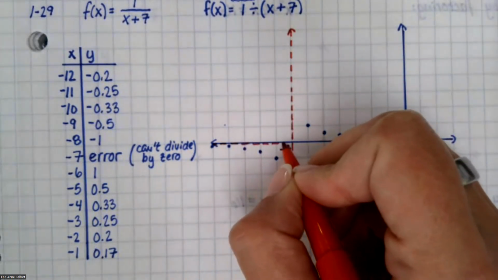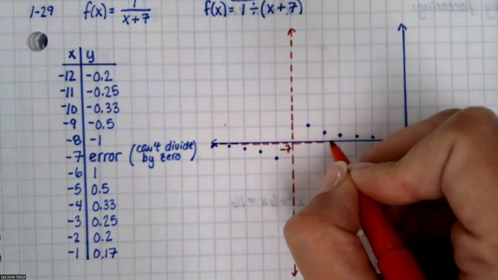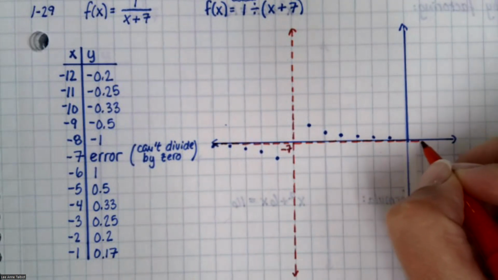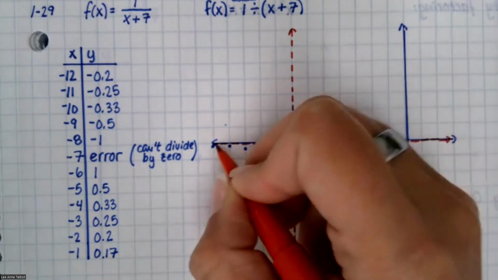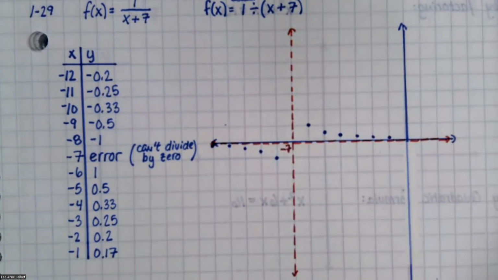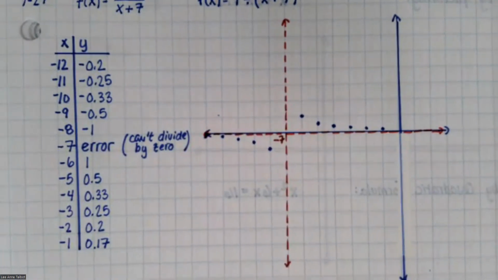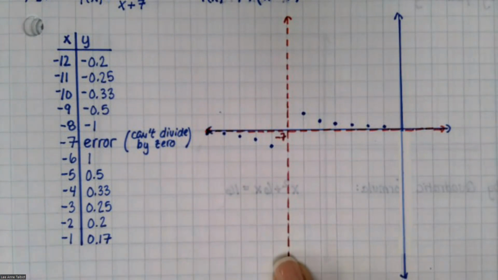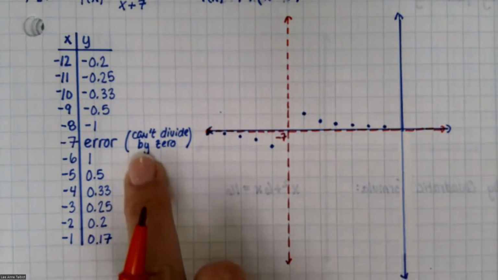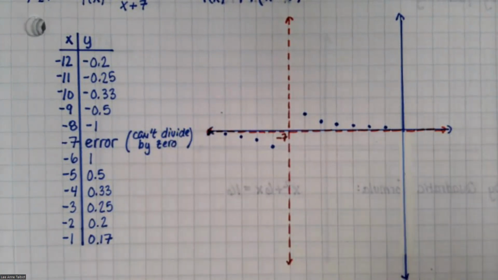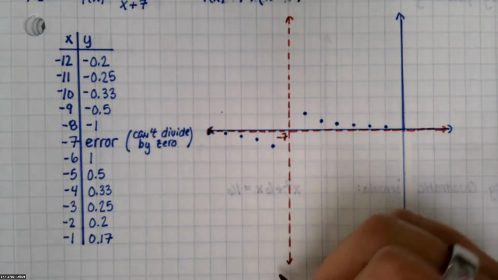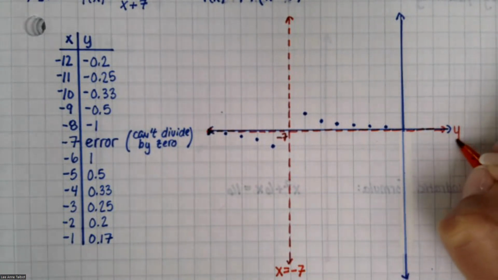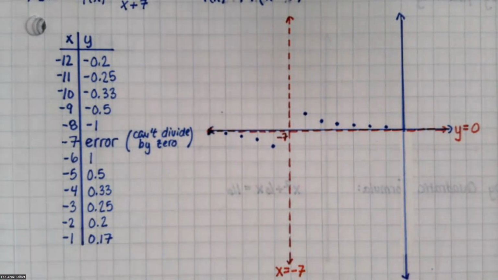Then I'm going to come along the x-axis, and I notice there's another place where my graph is approaching at 0. So I have a vertical line at -7 and a horizontal line at 0. I'm going to label the equations for those. X equals -7, y equals 0.